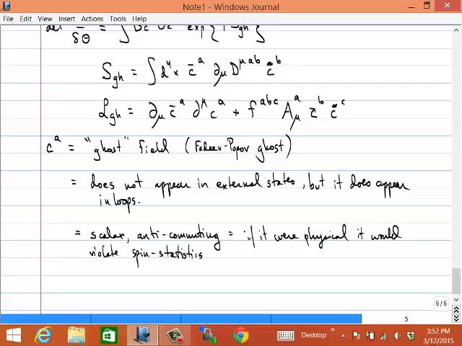This ghost field is not a physical field. It's just some auxiliary quantity that we introduce in order to make sure that our theory is gauge invariant, and it never appears in external states. Sometimes there are cases where it can be formally useful to talk about states created by the ghost field C for formal reasons, but you always need to keep in mind that the physical states of the theory only involve the physical fields, not the ghost fields.